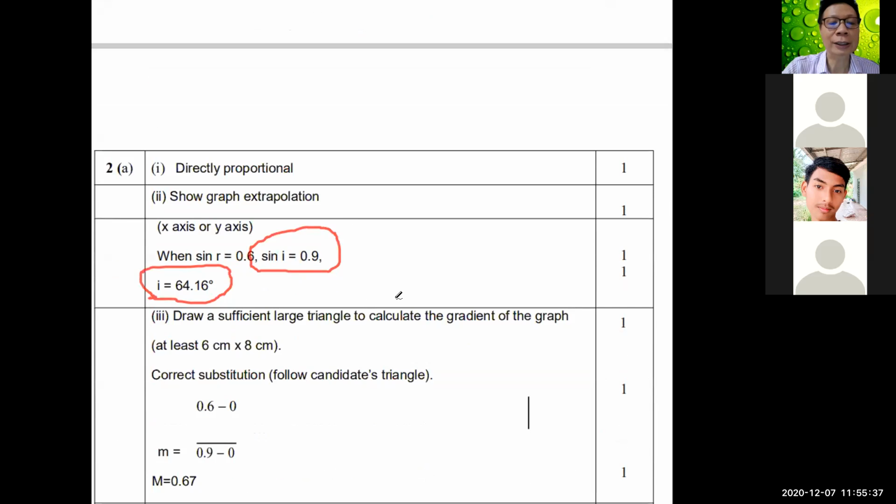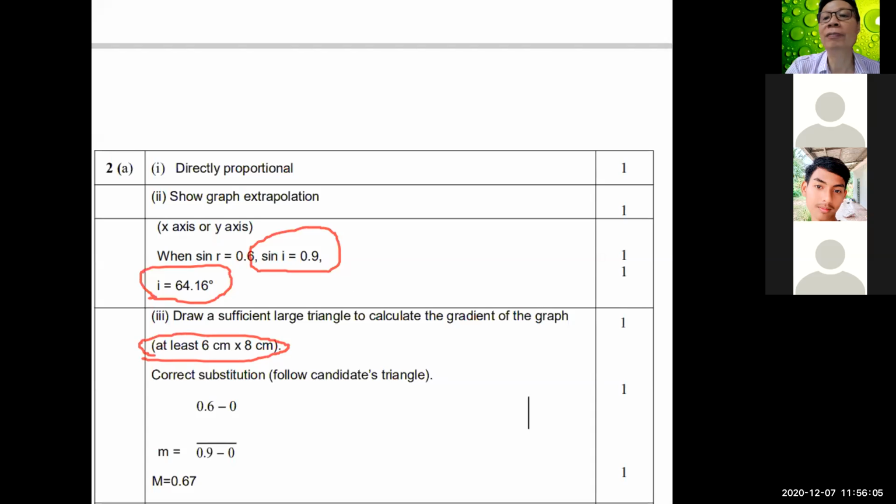Wait, I want to tell you all: see the marking scheme, what statement they give. Draw a sufficiently large triangle to calculate the gradient. Please remember, at least 6 cm by 8 cm. I'm not playing with you, look carefully now. The triangle must be at least 6 cm by 8 cm.